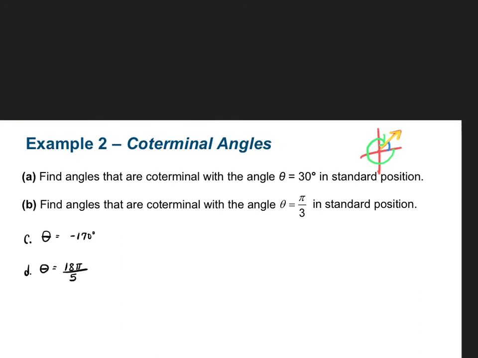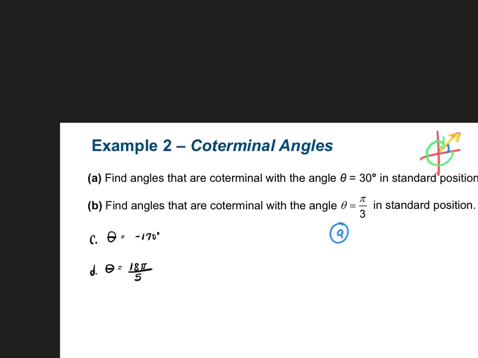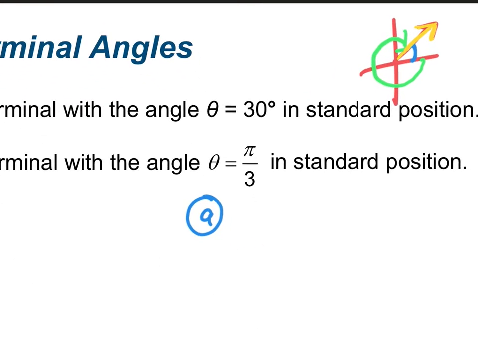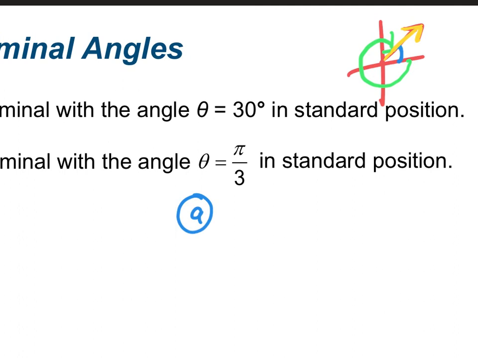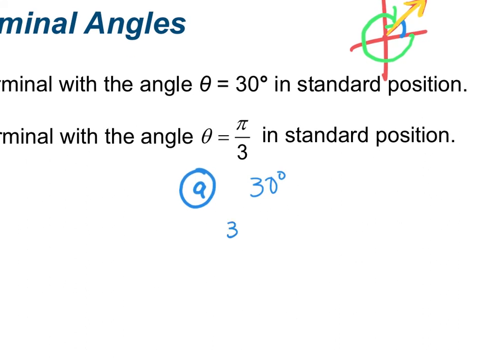So let's look at this first example, A. A wants... Let's do two angles that are coterminal with 30. Well, I'm starting off with 30 degrees, correct? So am I thinking 360 or am I thinking 2 pi? 360. So what you do is you take the angle measurement. Angle measurement always goes first. Let's add 360. So what's 30 plus 360? 390.